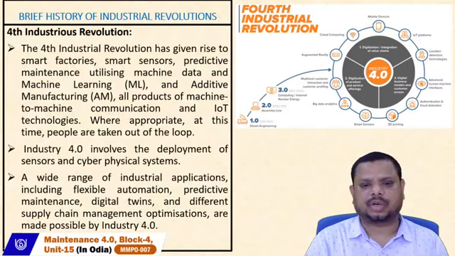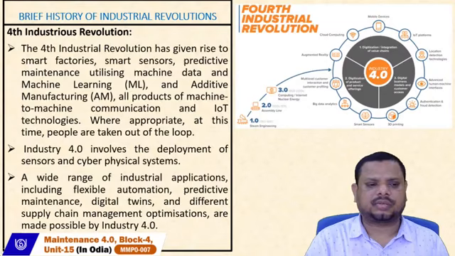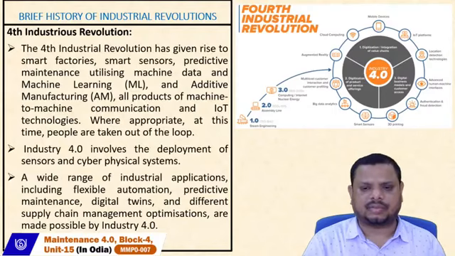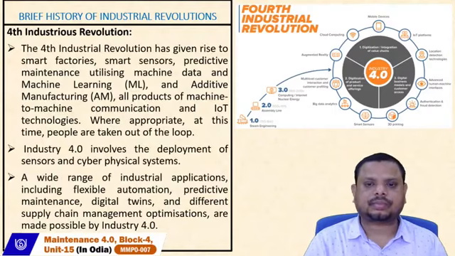That means if you observe this particular figure, Industry 1.0 is dedicated to steam engineering, then 2.0 is for assembly lines or mass customization of manufacturing. Then the third phase is known as computing, internet, and nuclear energy.